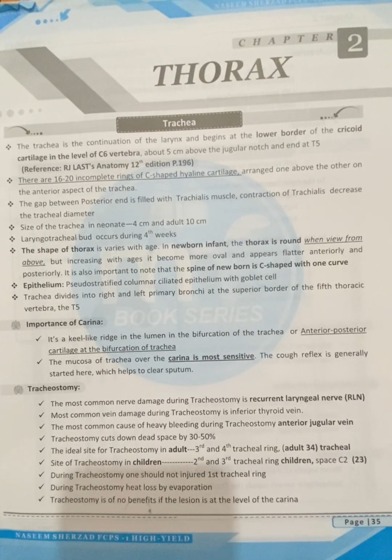So you should be very clear that it begins at the lower border of the cricoid cartilage, at the level of the sixth vertebra, around 5 centimeter above the jugular notch, and ends at T5. That cricoid cartilage is located at the level of C6 vertebra and the trachea ends at the level of T5.